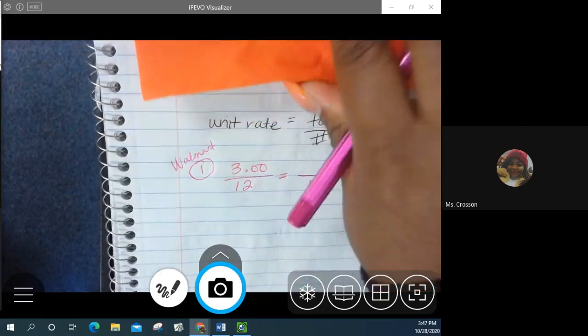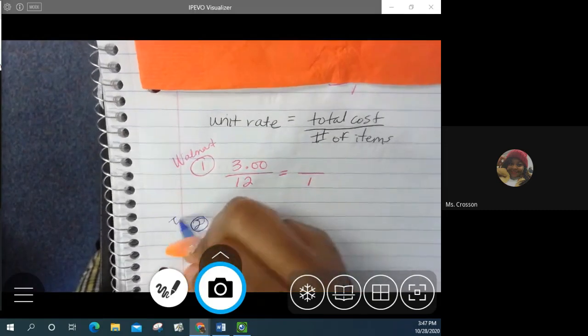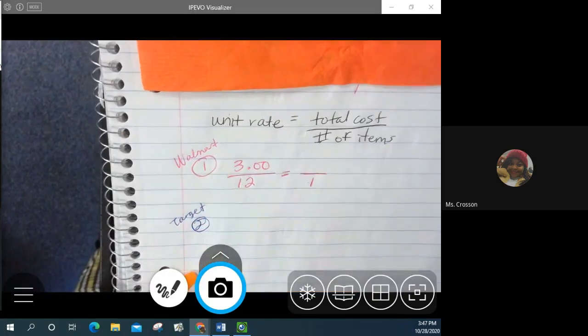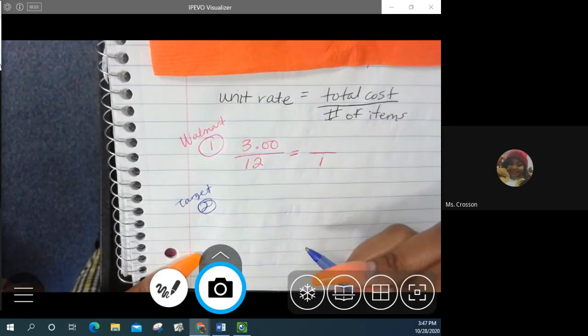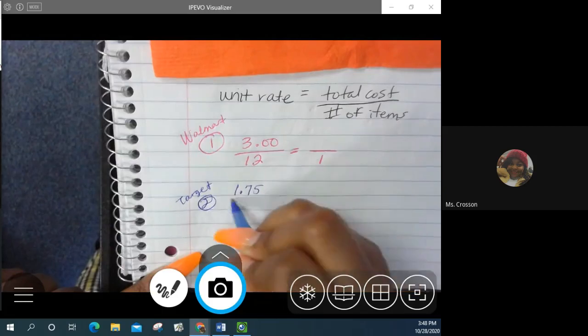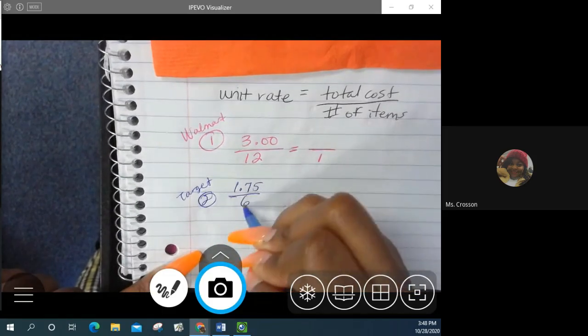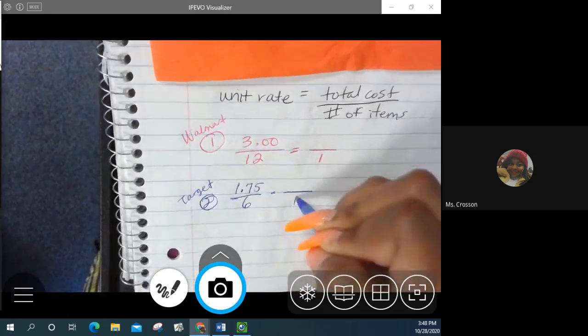And then my second scenario is Target. They said a 6-pack is priced at $1.75. So my cost is $1.75. My total number of items is 6. I need to figure out how much I am going to pay for one.